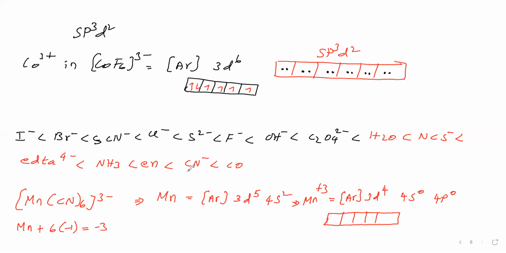Cyanide comes after water, so it is called a strong field ligand. A strong field ligand makes the electrons pair up. In the d electrons, we give them like pairing. So we will fill 3d4 like that, with pairing.